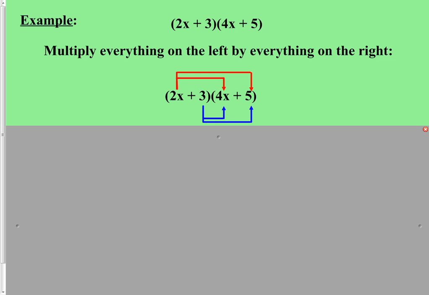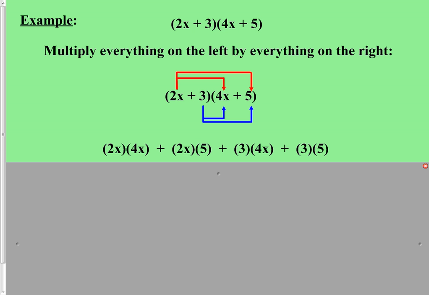Typically, I just start on the left set of parentheses, with the lead term, the 2x. I'm going to make sure that the 2x hits everything from the right set of parentheses. So I'm going to go 2x times 4x, then 2x times 5. Since the 2x has now hit everything in the right set, I'm going to scooch over to the 3, and the 3 needs to multiply by the 4x, and the 3 needs to multiply by the 5.